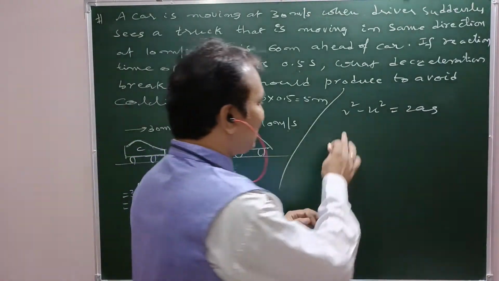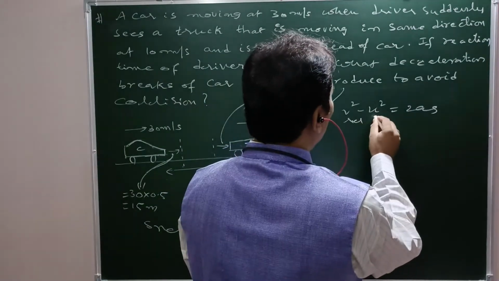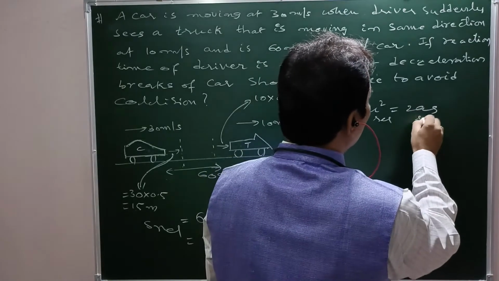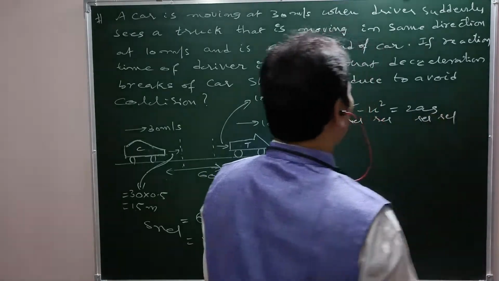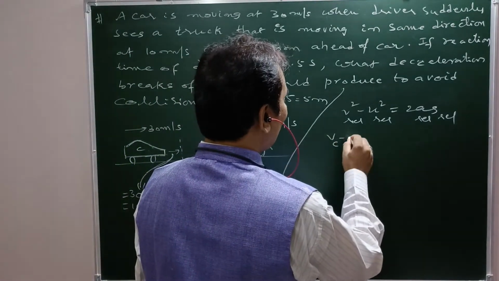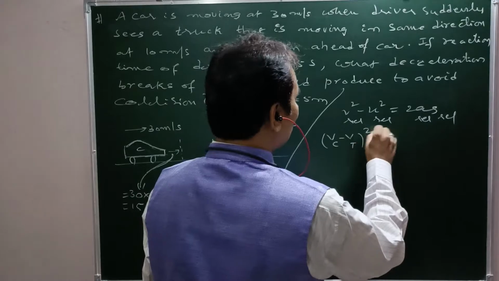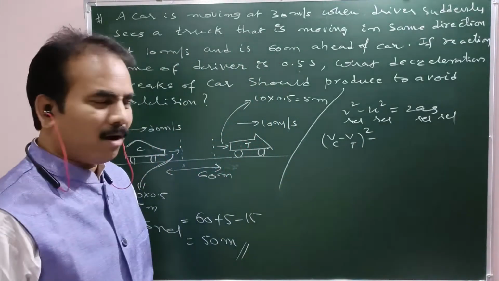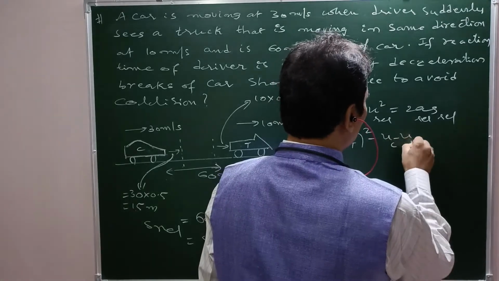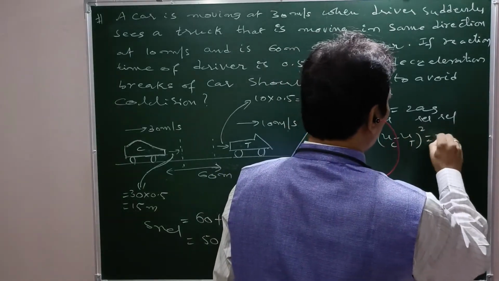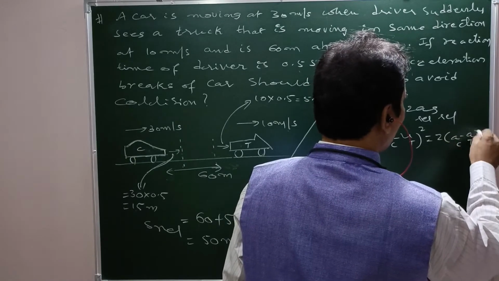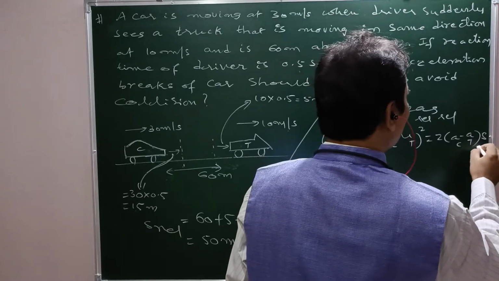That is, in relative terms, v relative squared minus u relative squared equal to 2 into a relative into s relative. That is, (v car minus v truck) whole square minus (u car minus u truck) whole square equal to 2 into (a car minus a truck) into s relative.